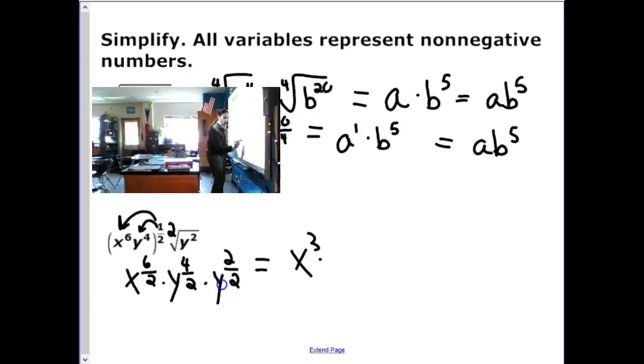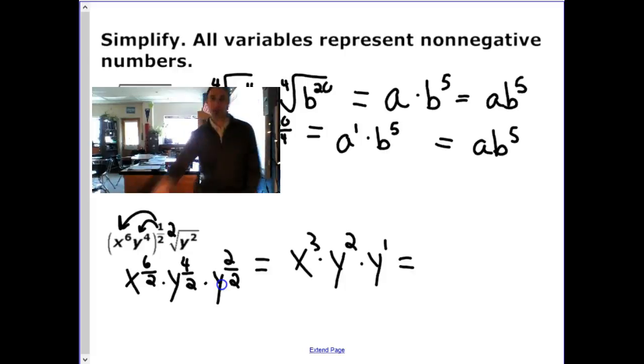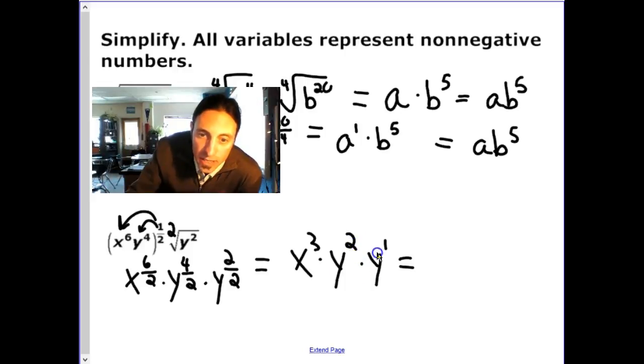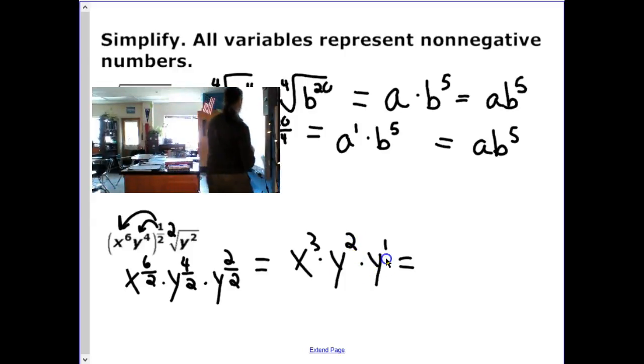Y to the 4 over 2 is y squared, and y to the 2 over 2 is y to the first. Now when you multiply two variables together, you add their exponents, right? So y to the second times y to the first is just y to the third.